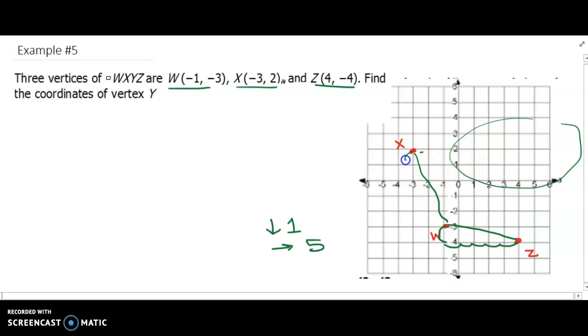I'm going to move down 1 and right 1, 2, 3, 4, 5. Here's my Y. And if I connect the dots, guys, you should be able to see if you did anything too wrong. Okay, which looks good. So I would be at 2, 1. That's my Y.